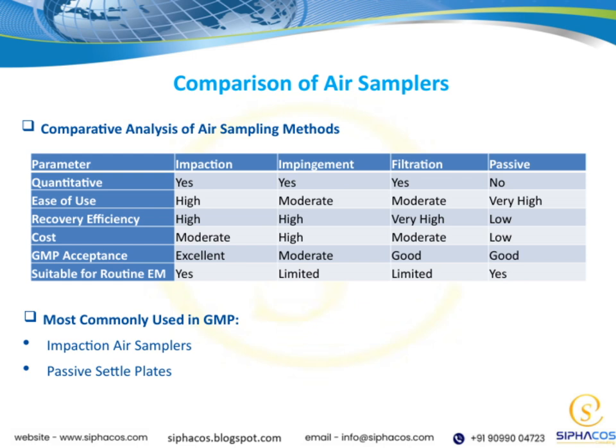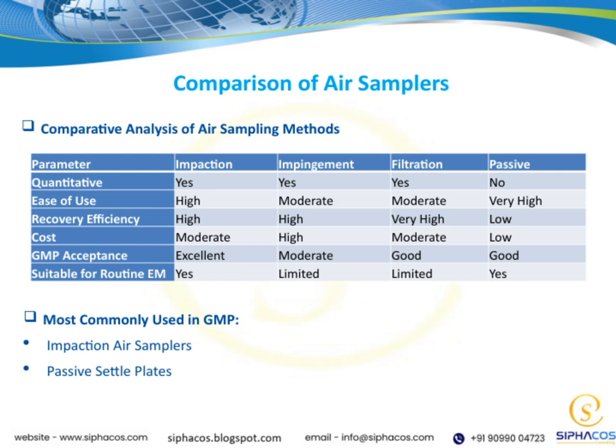Impaction samplers also offer high recovery efficiency and are moderately priced, balancing performance and cost effectively. Next, we have passive settle plates. These are incredibly simple to use, very high ease of use, and are also suitable for routine environmental monitoring. While their recovery efficiency is lower compared to active methods, they are cost-effective and have good GMP acceptance.